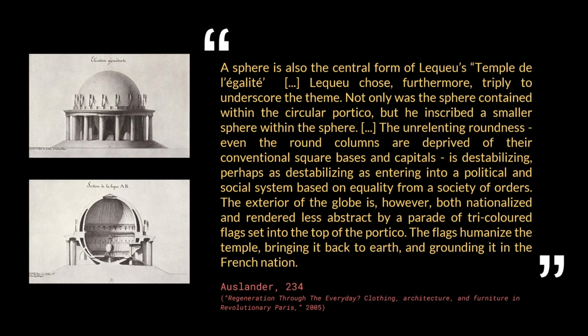Just to quickly get the main points across, Auslander said that Lequeux chose to triply underscore the theme: a smaller sphere is inscribed within the larger sphere, and the unrelenting roundness, as even the round columns are missing their conventional square bases, is destabilizing. The outside of the globe is, however, both nationalized and made less abstract by a parade of tricolored flags set into the top. The flags humanize the temple, bringing it back to earth and grounding it in the French nation.